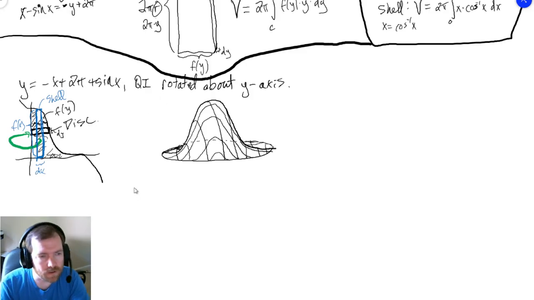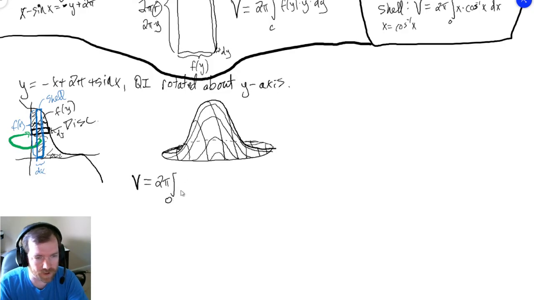So here, the volume of the shell is equal to 2 pi times the radius, which goes from 0 out to the location out here where it hit, which again we found out last time was 2 pi. This is in terms of x, so we're going across.